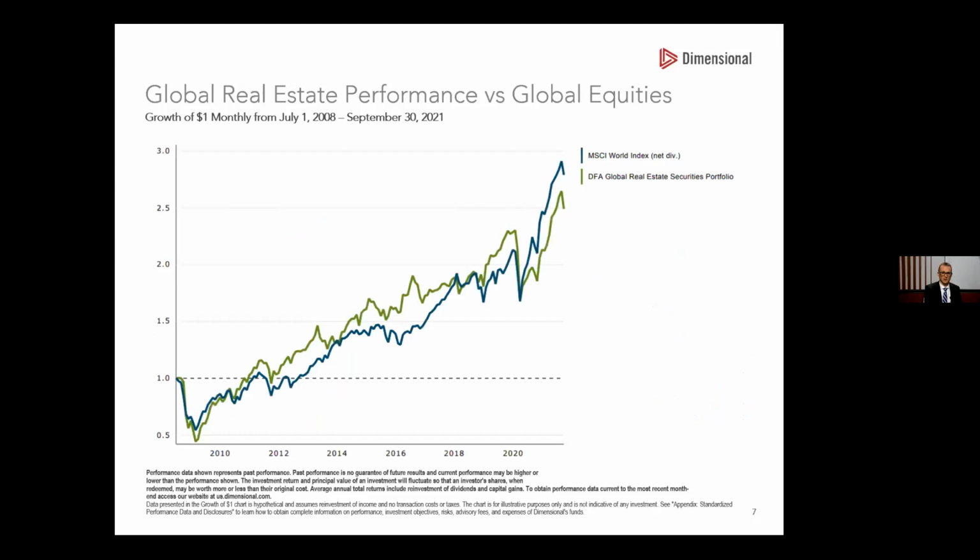I'll just flip down to it here. Over time, even after periods of difficulty, commodities don't really look like this. Commodities look more flat, as you'd expect. Now there are ups and downs, of course, but this upward trend that we've experienced in real estate is more similar to the equity market, but again helps you protect a little bit against those high inflation environments because of that real asset component.